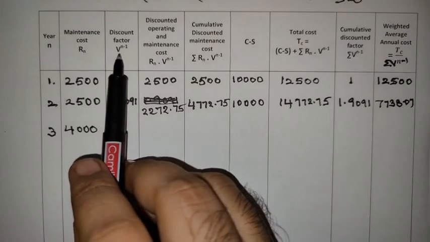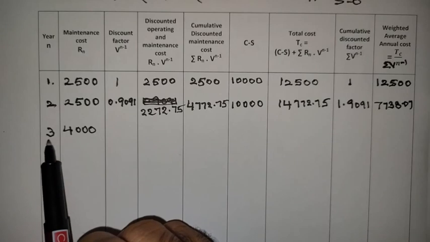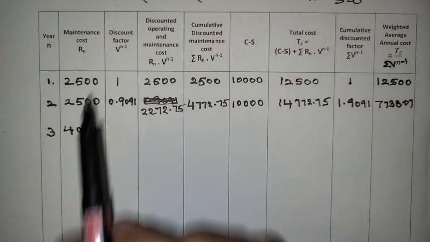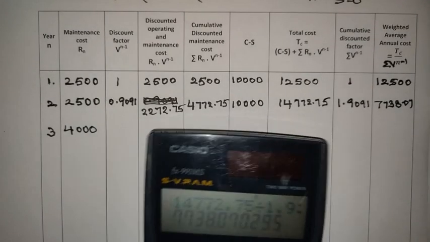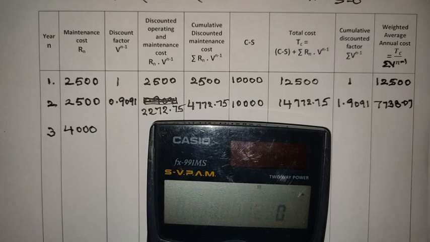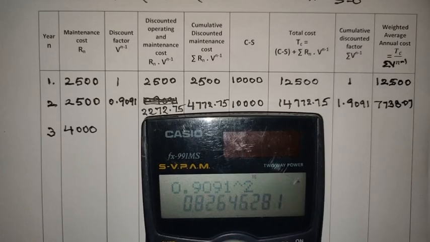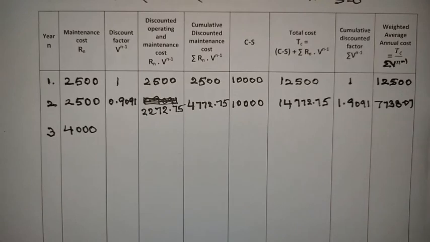Next, v power n minus 1, now n is 3, so v power 3 minus 1 means v square. If you calculate v square, v value is 0.9091 power 2, so then we will get 0.8264. Take the first 4 digits, 0.8264.